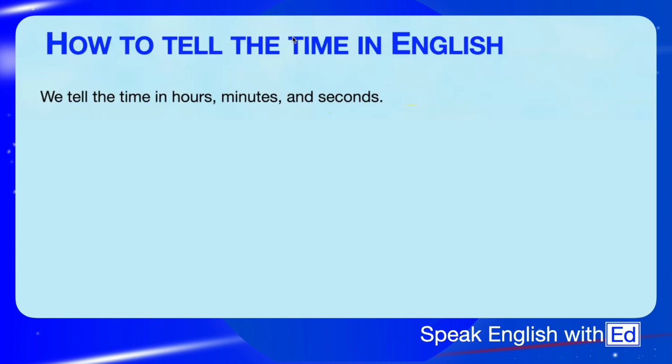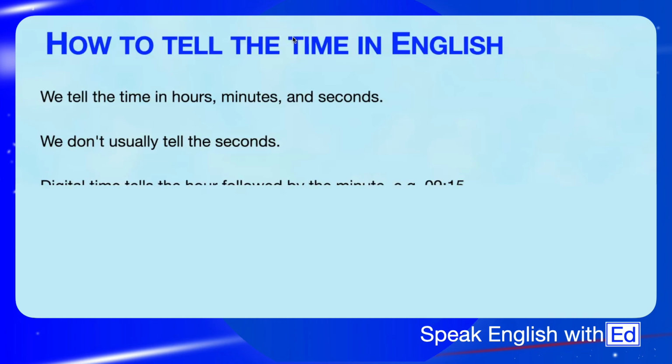So just have a recap. We tell the time in hours, minutes and seconds. We do not tell the seconds when somebody tells us the time. They won't tell you the seconds, they'll just tell you hours and minutes. Digital time tells the hour followed by the minutes, for example, 9:15.